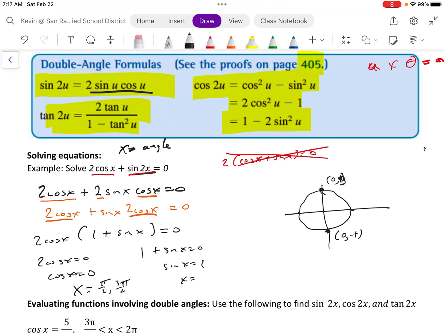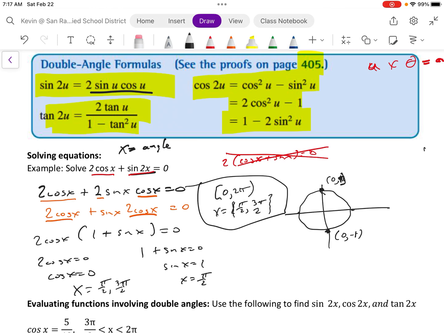And then over here, which has a sine of 1, x equals pi over 2. Now, it did not give us the restriction of 0 to 2 pi. If we did get that restriction, then we'd say x equals pi over 2 and 3 pi over 2 in our solution set.